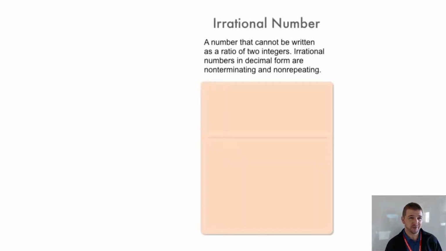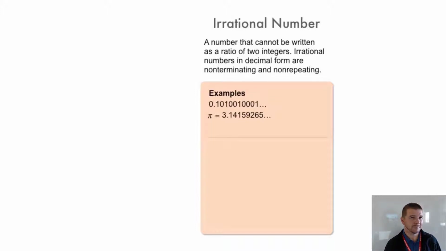Moving on to irrational numbers on the right. An irrational number is a number that cannot be written as a ratio of two integers. Irrational numbers in decimal form are non-terminating and non-repeating. Some examples: 0.10100100001, and so on.